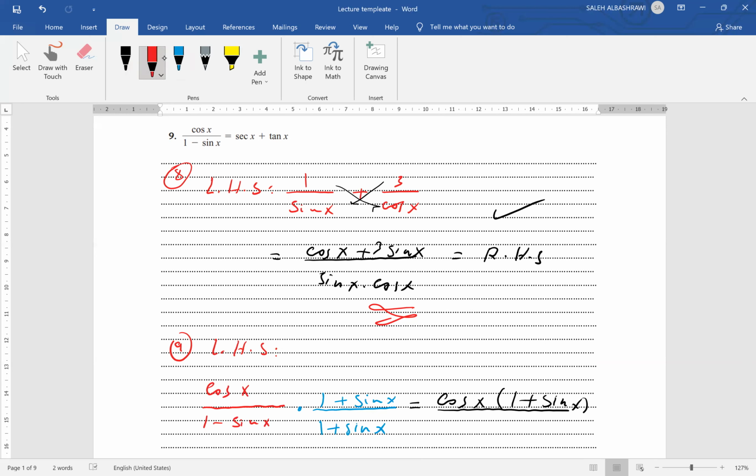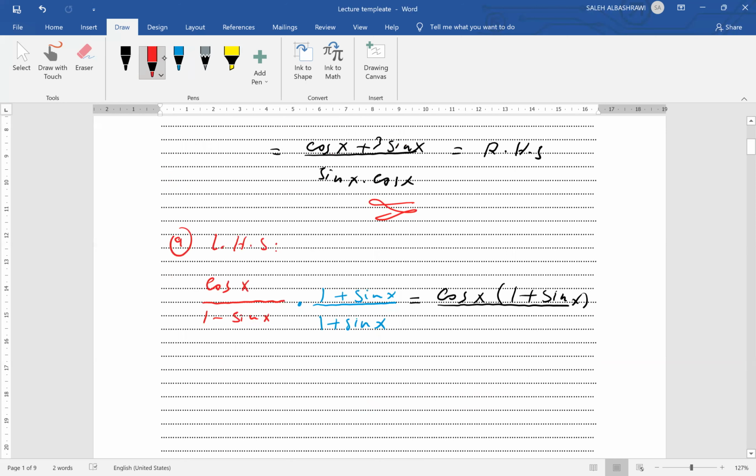So for this, I will use the identity A minus B multiplied by A plus B equal to A square minus B square. So 1 minus sine multiplied by 1 plus sine will give me 1 minus sine square x. So it is cosine x multiplied by 1 plus sine x divided by 1 minus sine square x.